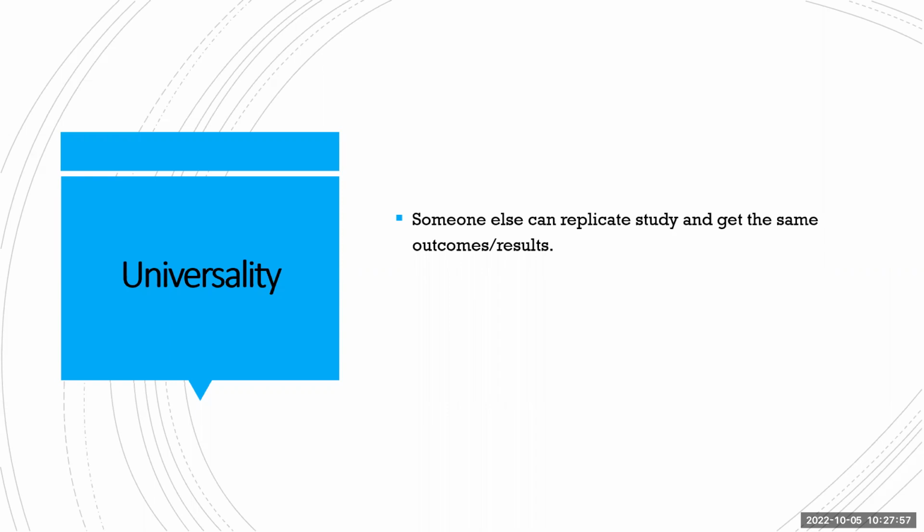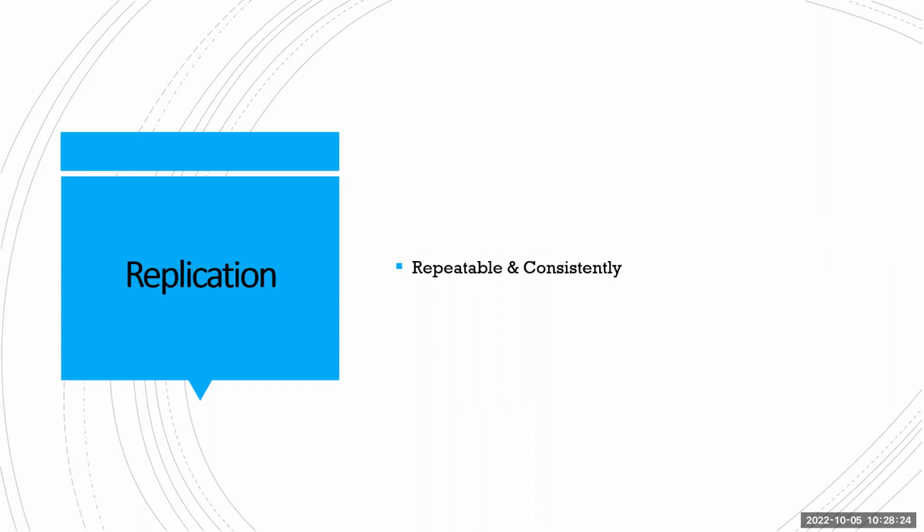Their intentions are not to sell you, you know what I mean? They're not trying to appeal to your emotions. You can reproduce that experience yourself. And in fact, in science, it's almost required over and over again, because the more you do it and the consistency of the outcomes then becomes generally accepted knowledge in the field. So the universality is one of the reasons why research is very important.